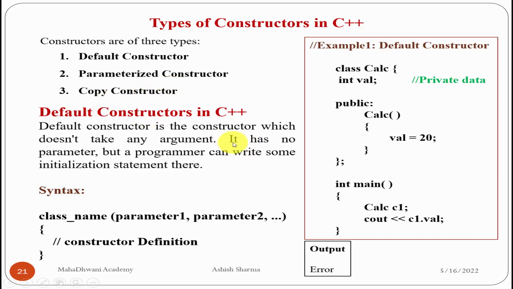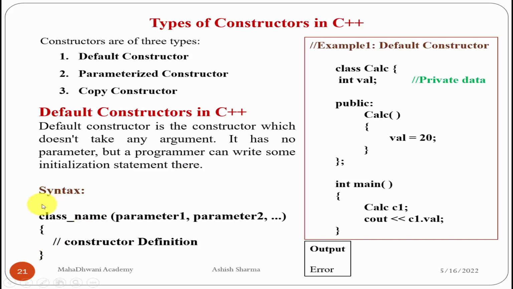It has no parameter, but a programmer can write some initialization statements there. If you want to pass values from outside the class, you should take parameters. If you have some values to be initialized inside the class, you can use a default constructor.